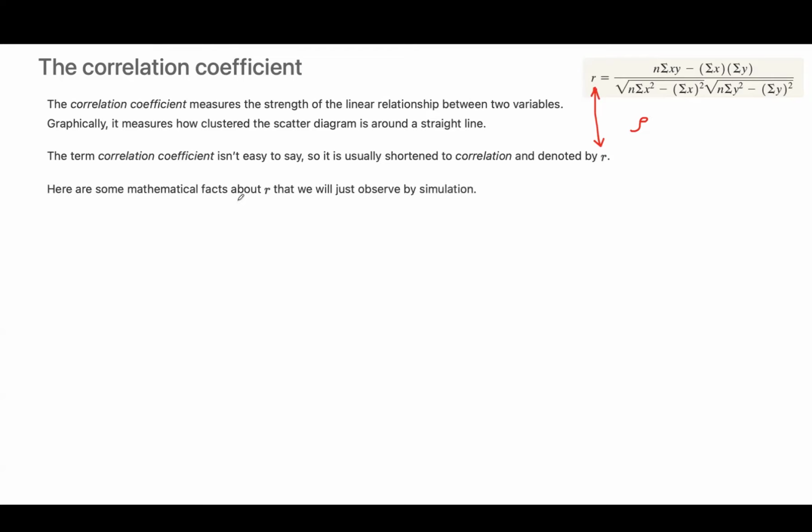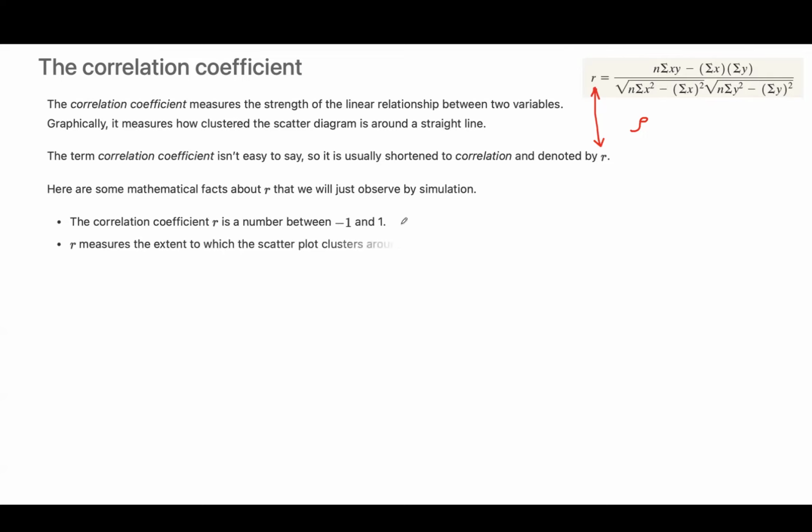Here are some mathematical facts about R. The correlation coefficient R is a number between -1 and 1 inclusive. It can be 1 or -1 as well.